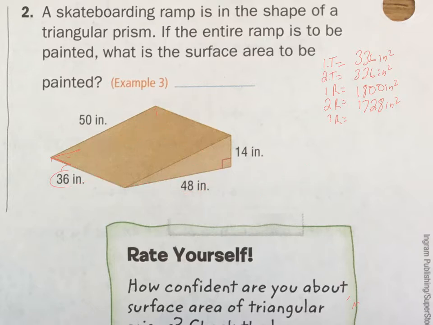Now we just have one more rectangle. We've gotten this one and the bottom one. Now there's one right in the back here. We know that this is 36 inches. And then we have this. Then the other part goes down like that, and then over like that.